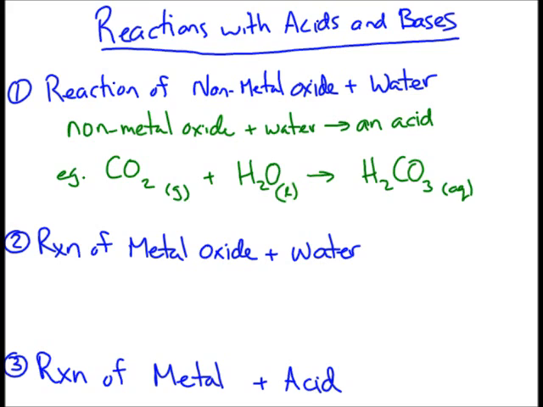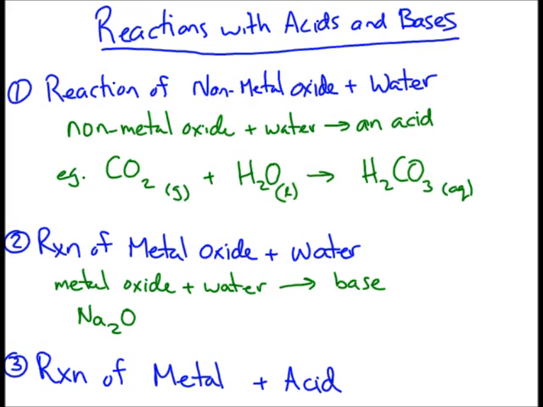We've seen reactions of metal oxides in water, so we take our metal oxide, react it with water, and this gives us a base. So let's say we use sodium oxide and our water, which is H2O.